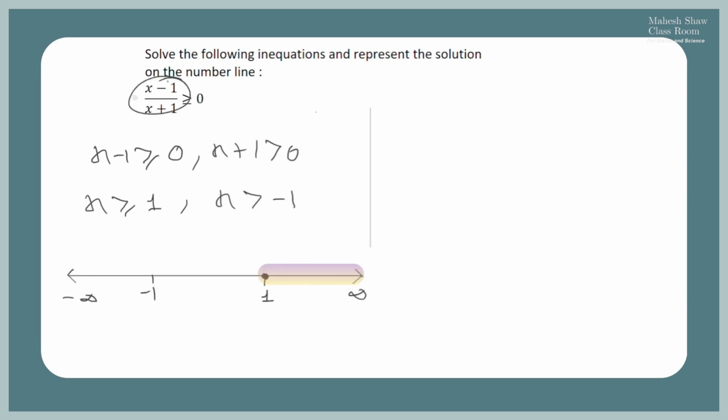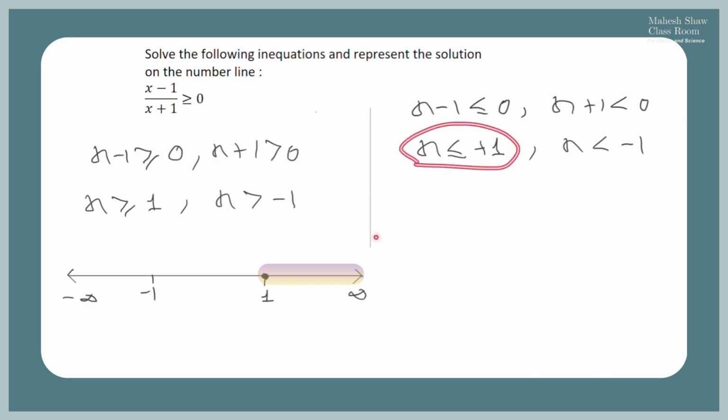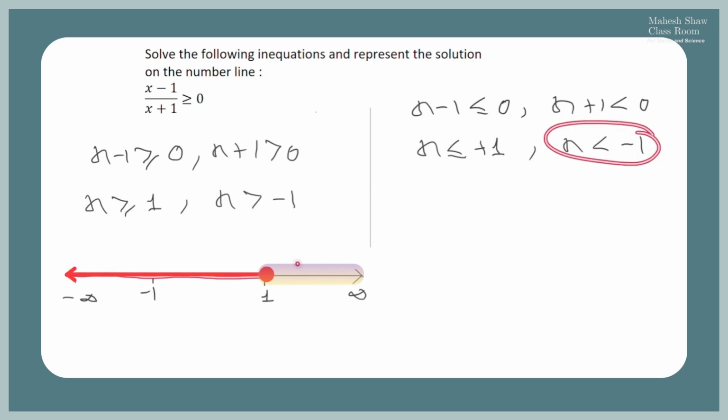Now, in case two, when both are negative, we can say that x minus 1 is less than or equal to 0 and x plus 1 is less than 0, as this cannot be 0. This gives x less than or equal to positive 1, sorry, and x less than minus 1.